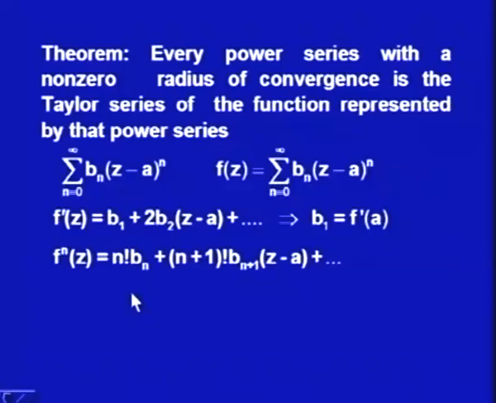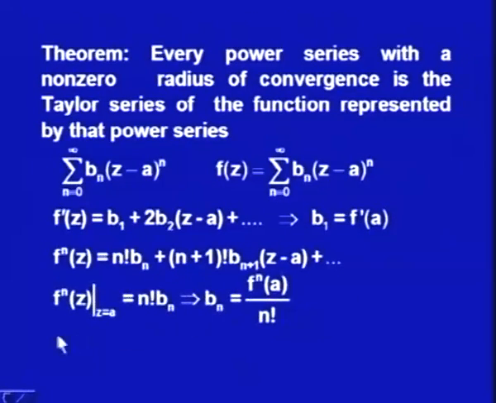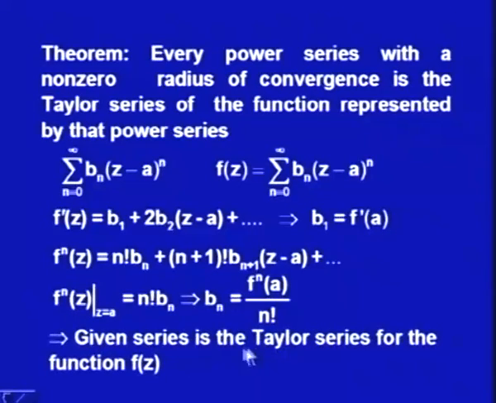By this I mean that if this series is equal to f(z), then this is nothing but the Taylor series. So, it is a unique representation. So, the given series is a Taylor series for the function f of z.